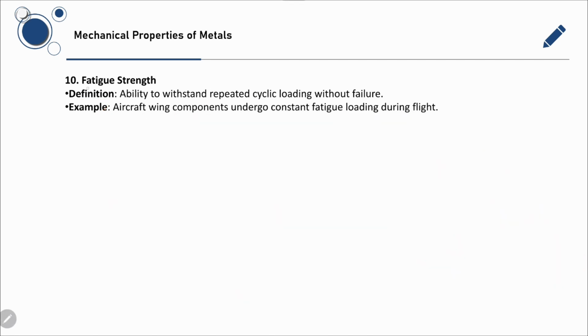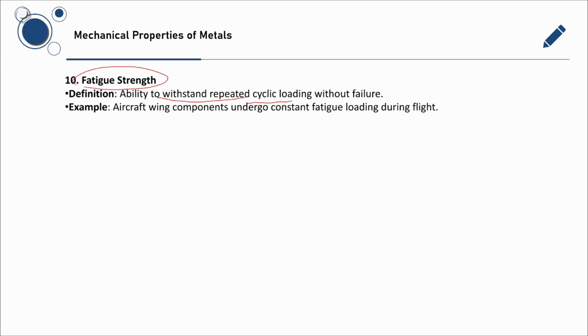The next topic is fatigue strength. It is the ability of a material to withstand many repeated, that means cyclic, loads without failing. Even stresses below yield can cause failure if applied thousands to millions of times.